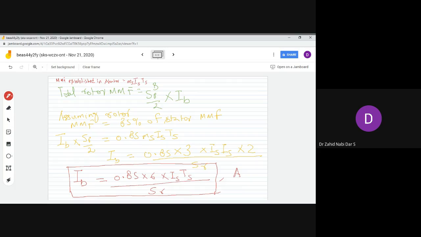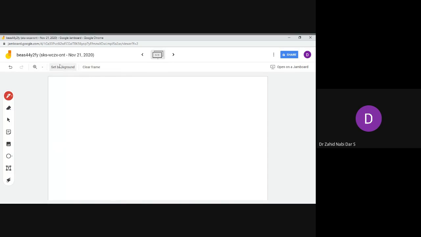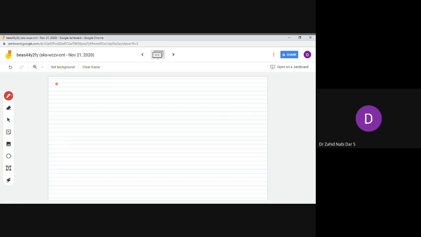Now the area of the rotor bar we have to calculate. The second term that we are interested in is the area of the rotor bar. So let's go for the area of the rotor bar.